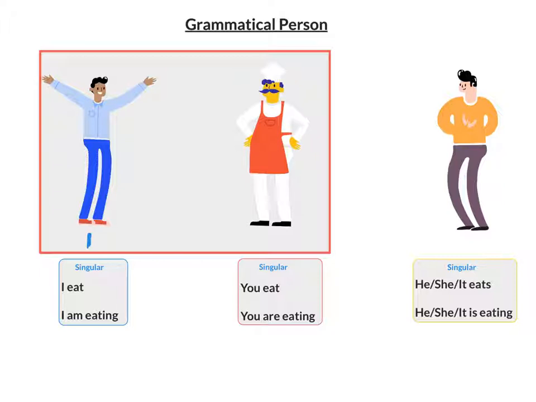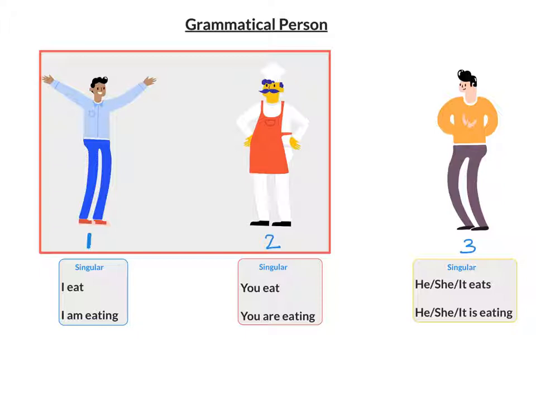So if he's speaking and he's talking about his own action, he's talking in first person. If he's talking about the action that the listener or the person he's talking to is doing, then we say that he's talking in the second person. And if he's talking about somebody who is outside the conversation, we say it is the third person.